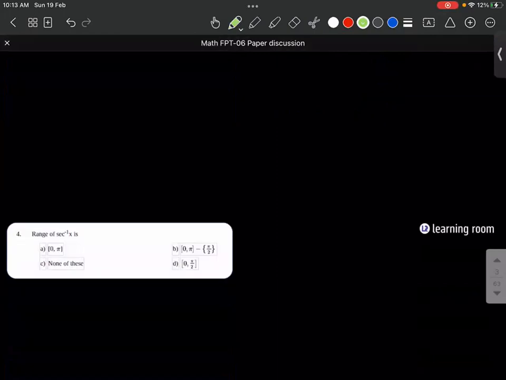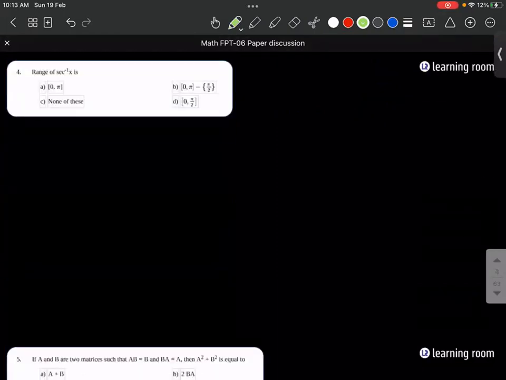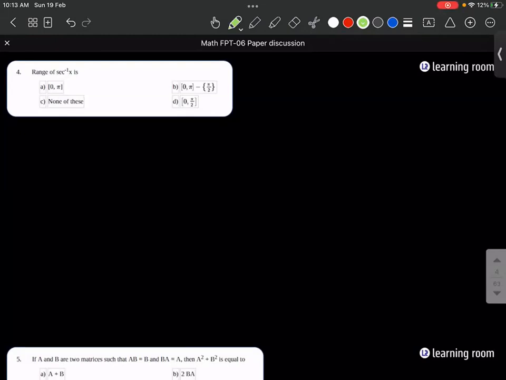Correct. Range of secant inverse x? Option B, sir. Secant inverse is not defined at pi by 2.